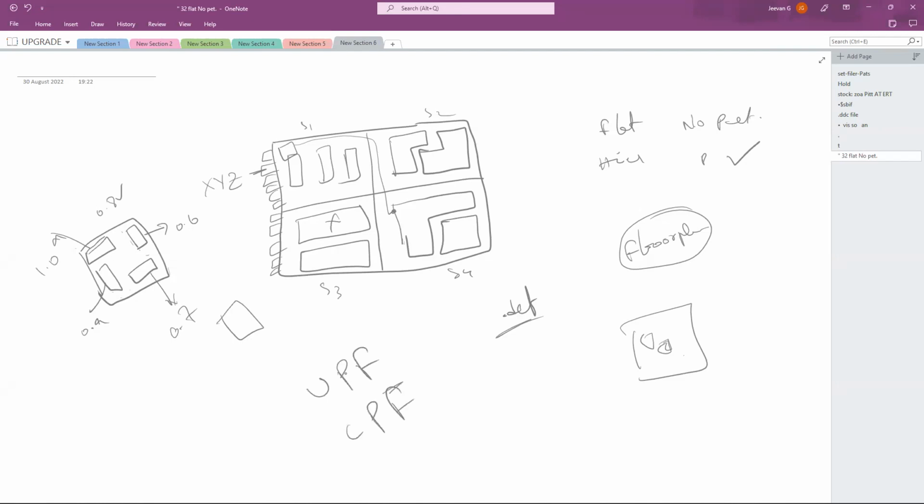CPF is one of the formats. It is a very old one, and UPF is the latest. If you are working on lower power technology or have multiple voltage areas, then you are going to see the UPF file, and CPF is the older version. What does the UPF contain?